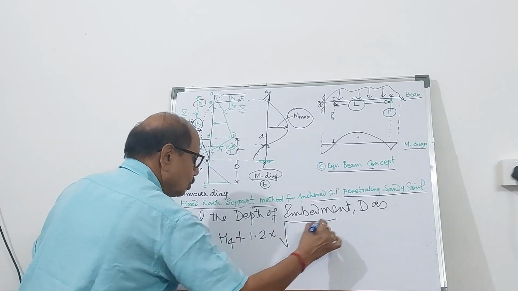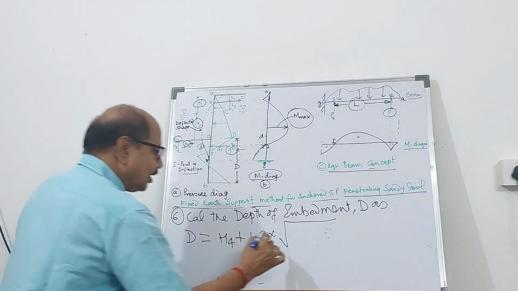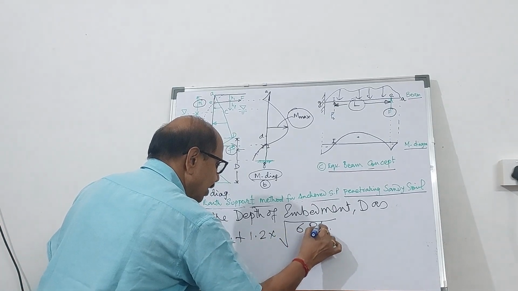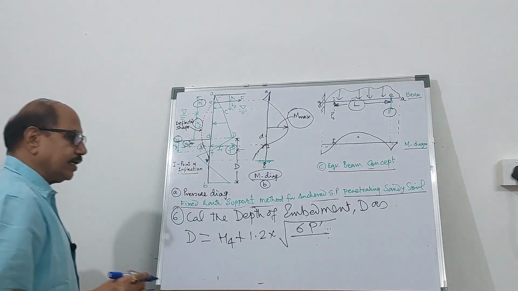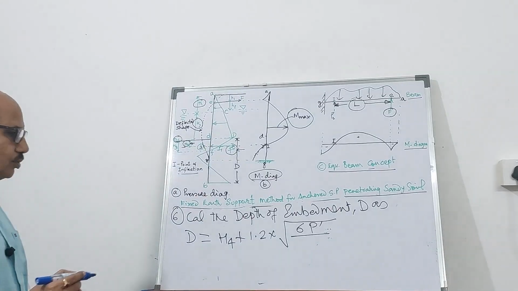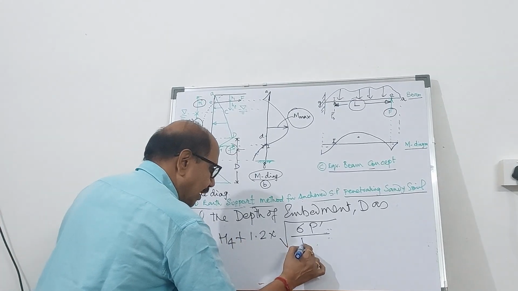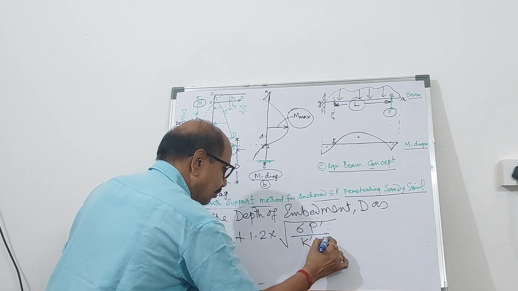into under root 6 times P prime. P prime we have already calculated by taking moment about E of the pressure distribution diagram, divided by K prime into gamma prime.